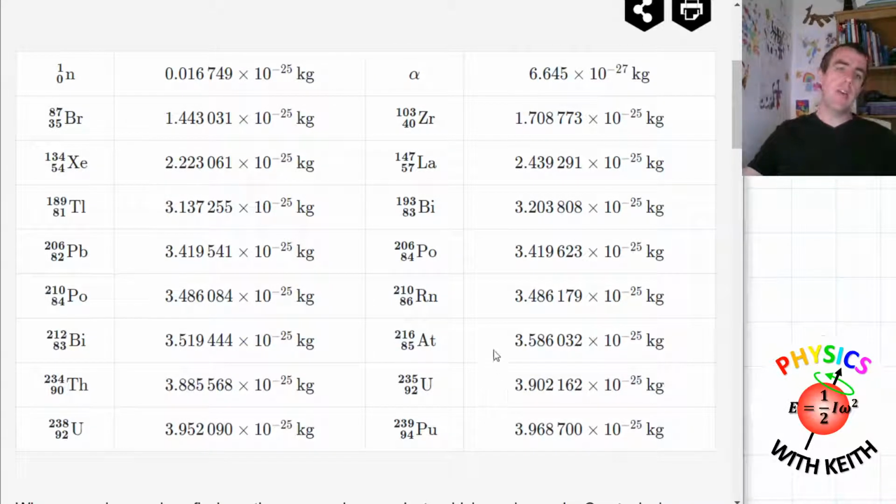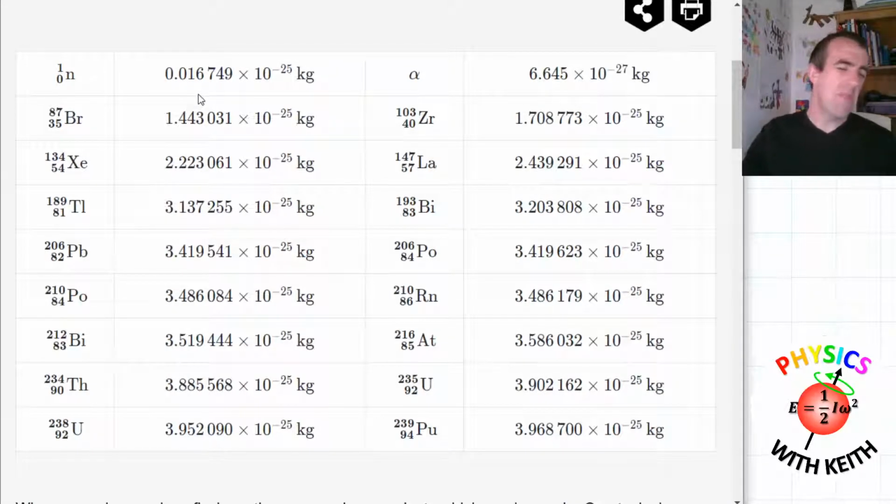So then you might ask, well, why is the neutron mass given to so few significant figures? It's because it's given to the same order of magnitude, so you can compare the numbers more easily, and it's given to the same number of decimal places, because when we make measurements in physics, it's good practice to make sure you're measuring numbers to the same precision. So they all have the same number of decimal places.